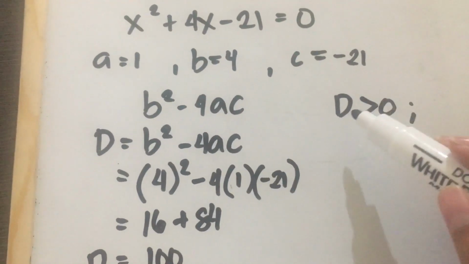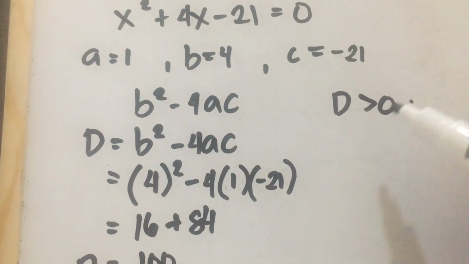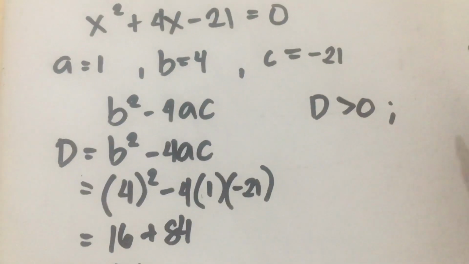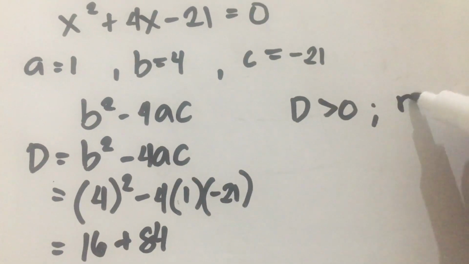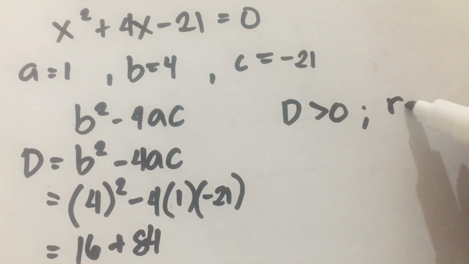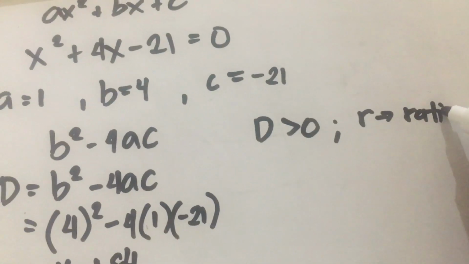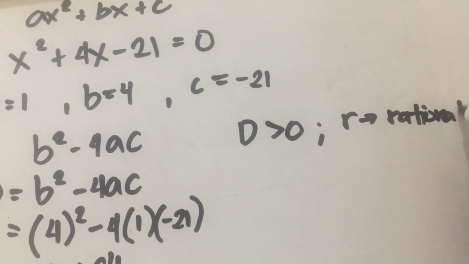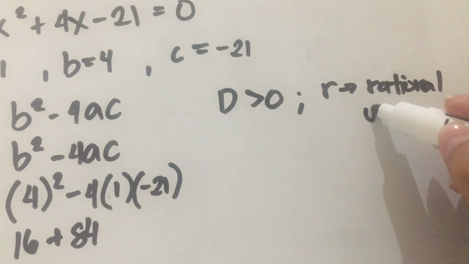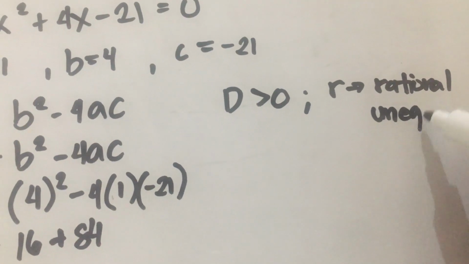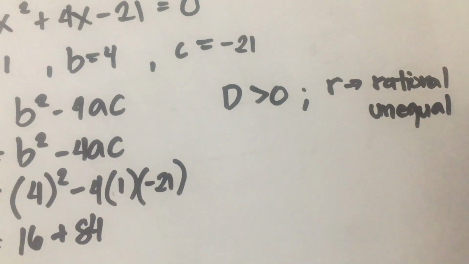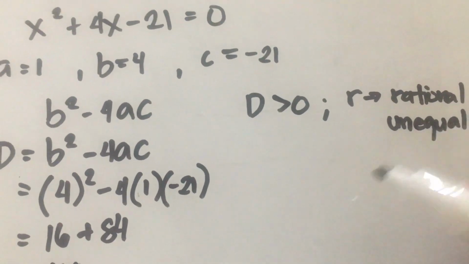So if your discriminant is greater than 0 and it's a perfect square, your roots are rational, which means there is no square root, as well as unequal, because they are not the same.